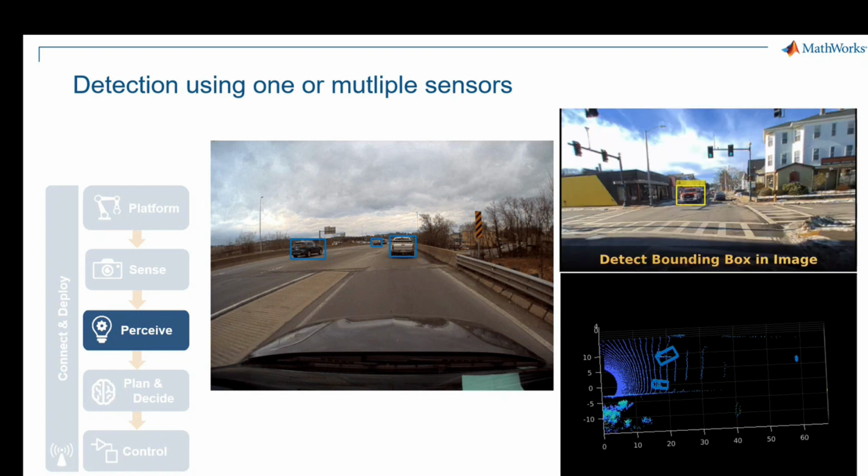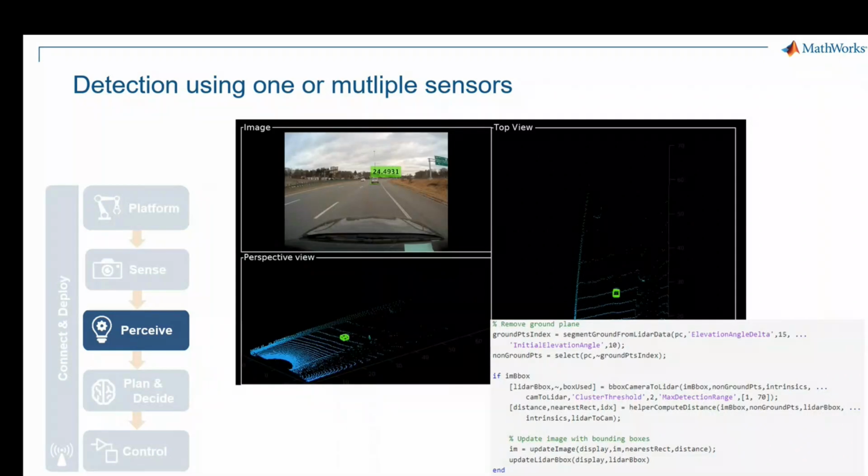So here is how it looks in just a few lines of code. Let's say we already have our LiDAR point cloud. The first thing we do is some pre-processing. For example, we can remove the ground plane. Usually it's an important step for LiDAR when we want to detect just obstacles, the objects that are over the plane.